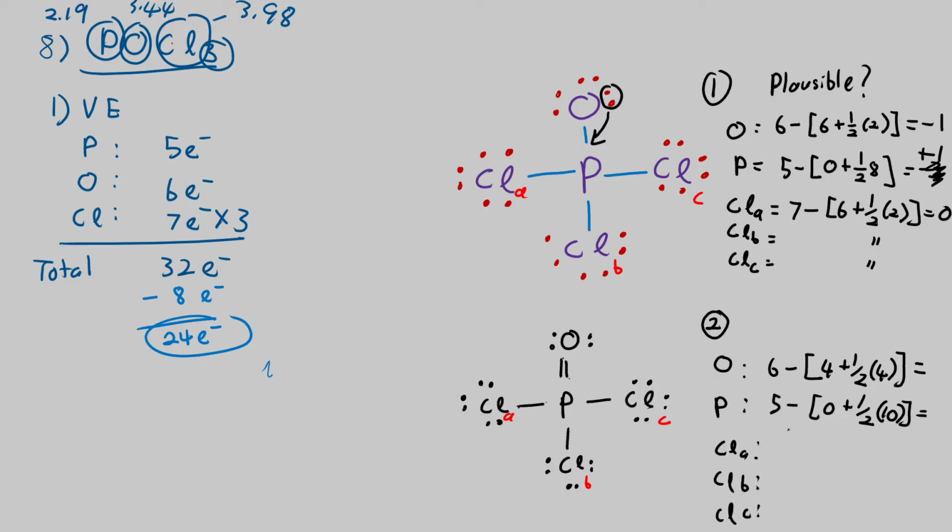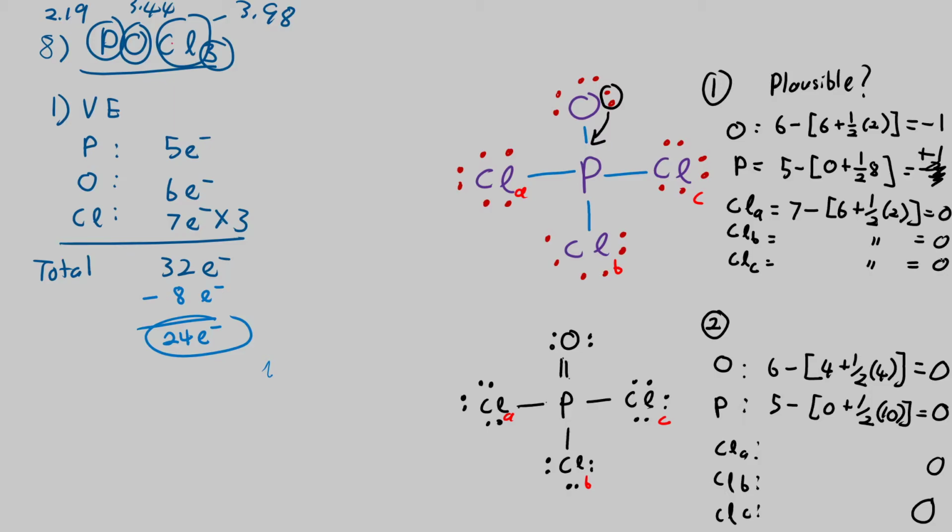Okay, so phosphorus has 0, while oxygen 6 minus dengan 4 plus half darab 4. So jadi 6 dan 6, 0 juga kan? So this one 0, 0. Okay, this one also 0 and 0.